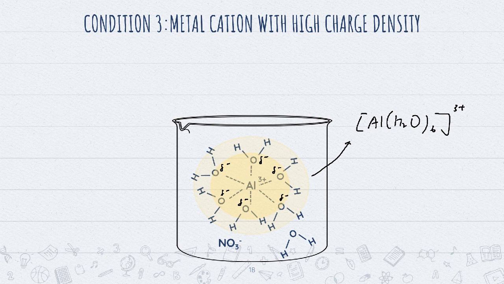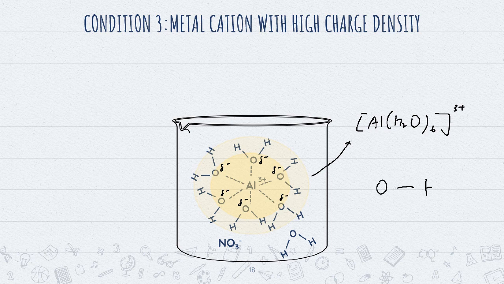As Al3+ has high charge density, it's able to attract the electron density from around the oxygen of the water molecules towards itself, and that's why the inner radius is much darker shaded to signify the higher electron density, while the larger radius with a lighter shade of yellow represents the region of lower electron density. There's a term to represent what's going on here. It's called polarization. So what does it mean?